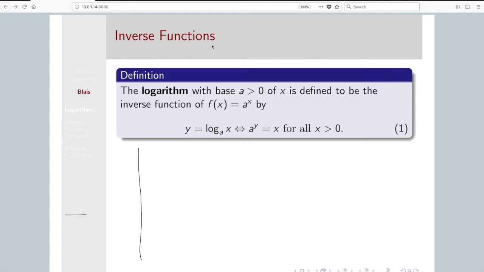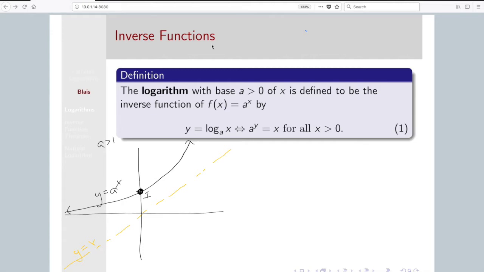Recall, and let's look in this case where a is bigger than 1. So our exponential function y equals a to the x appears this way. And then we learned when we studied inverse functions that if we graph the line y equals x, we can reflect the graph about this line.